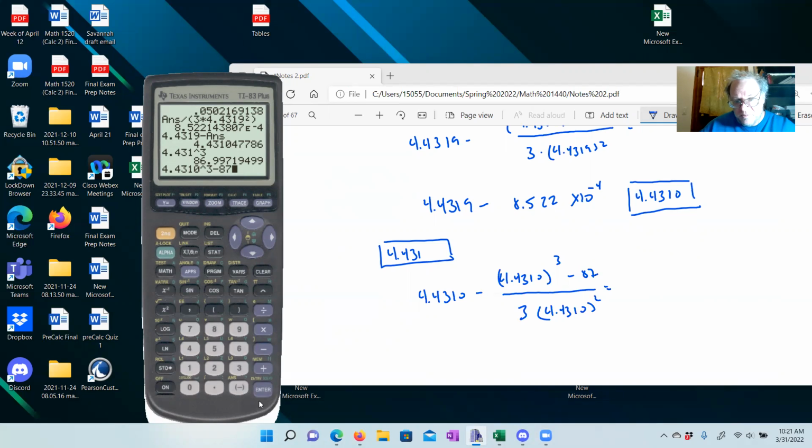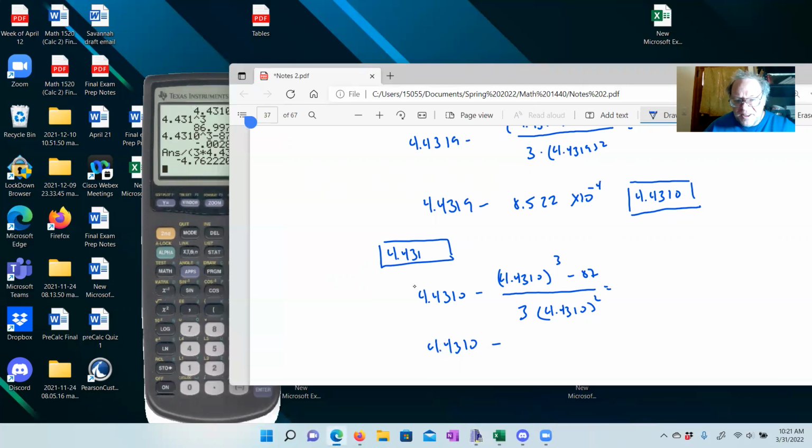Okay, that's going to be a small number, right? And then we're going to divide by, parentheses, 3 times 4.4310 squared.